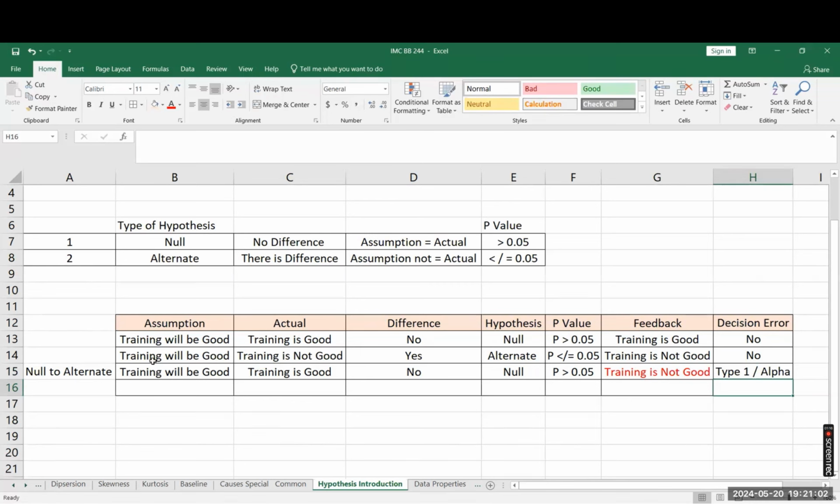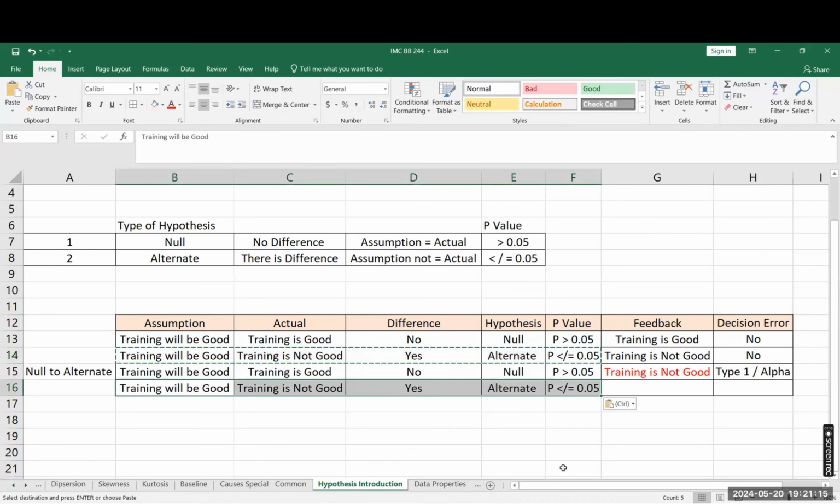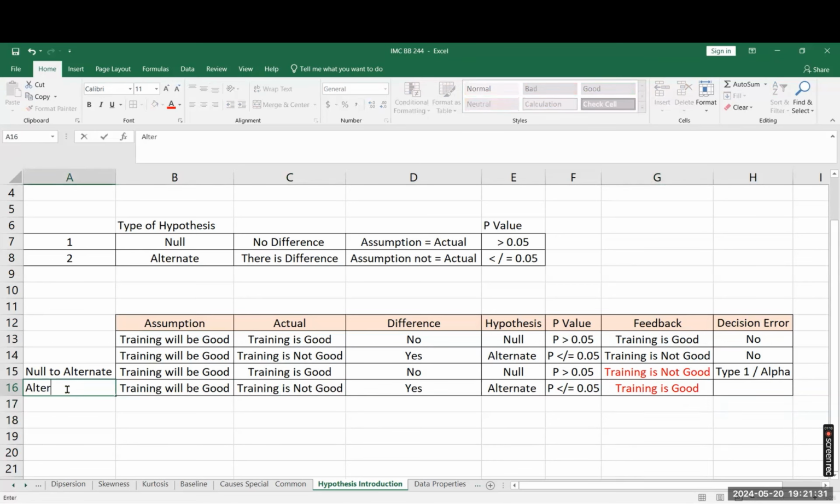Maybe a second case: your assumption is training will be good, but actually training is not good. So there is a difference. It's an alternate hypothesis and the p-value is less than or equal to 0.05. I ask you for feedback and you are saying training is good. When it is not good and you are saying it's good, you are doing the opposite again. There is a difference and you are saying there is no difference, which means alternate hypothesis, and you are saying it's a null hypothesis: alternate to null.